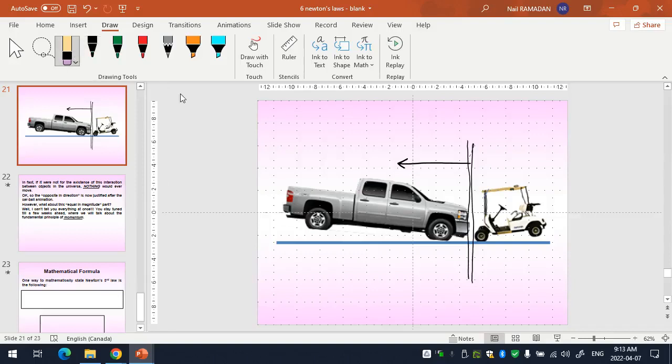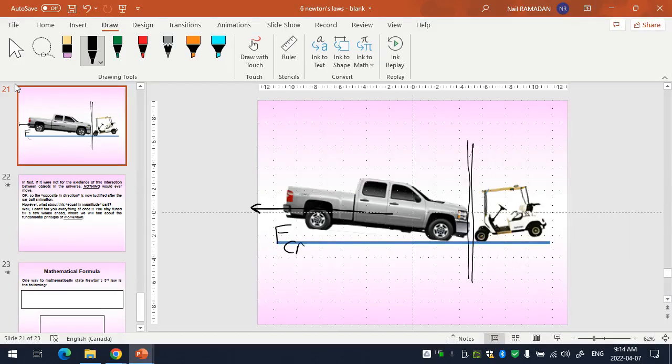Oh, actually, do you think we can put that force here, everyone? Like here on the truck itself? Yeah, because technically that force is acting on the truck by the cart. So go ahead. By the way, you can do it here, you can do it here, up to you. But here it might look like friction. So here it would be F, the cart on the truck.